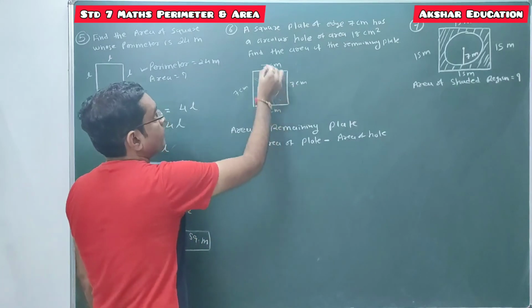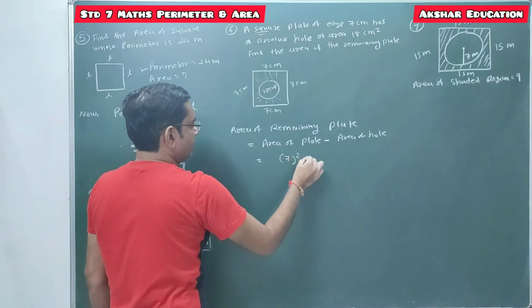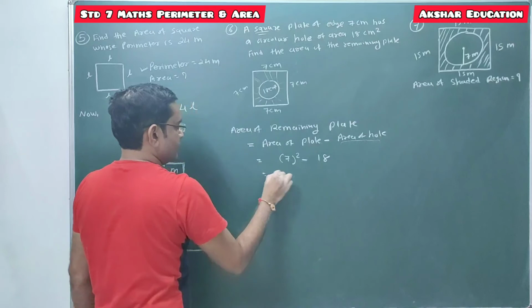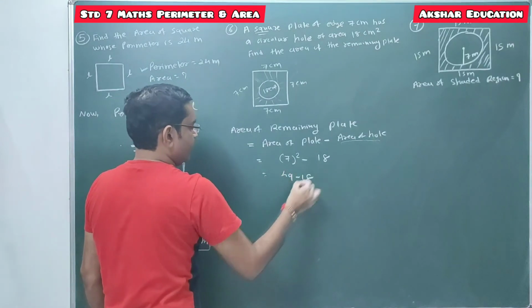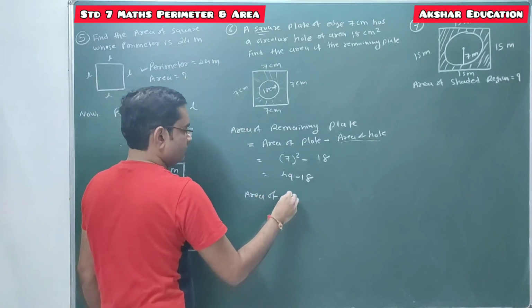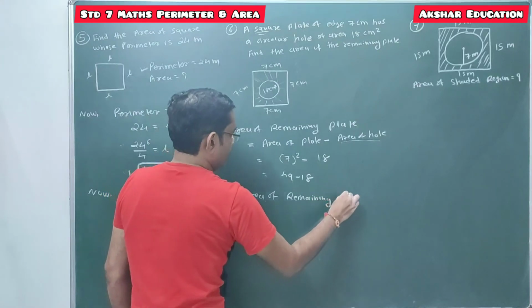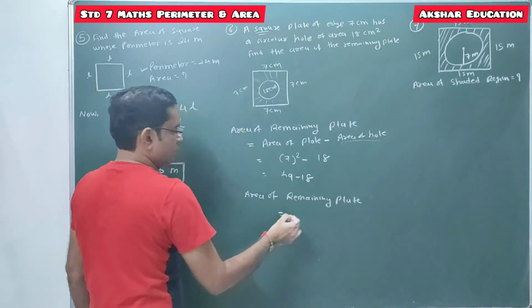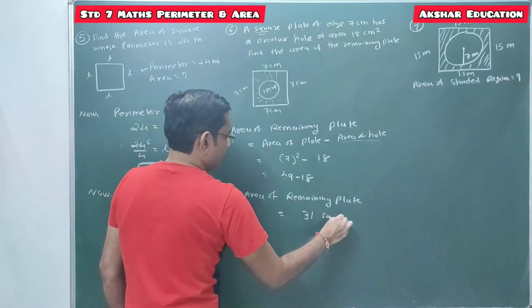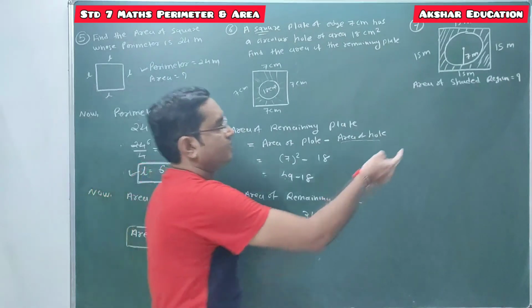Plate is in the form of square, so it's side square. So it's 7 square minus area of hole. Hole is given 18 cm square. So 49 minus 18. So area of remaining plate is equal to 49 minus 18, which is 31 square cm. Very easy.